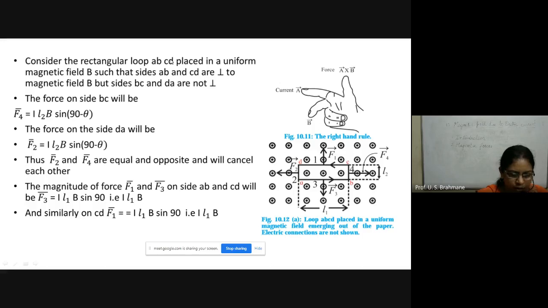Now consider again the uniform magnetic field, which is coming towards us. So it is perpendicular to the length of this coil. We are considering a single coil first.